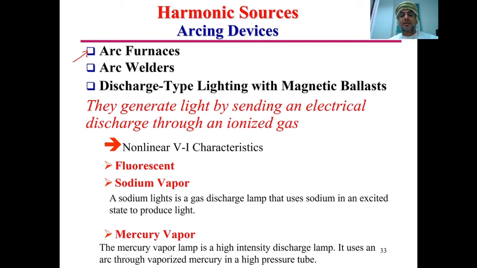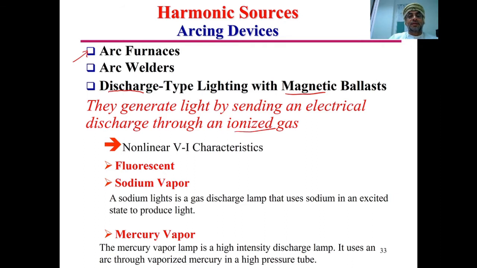And also in the discharge devices, the lights that are utilized, such as fluorescent. We said that we have two types of ballast: magnetic ballast and electronic ballast. The light will be generated by sending an electric discharge through ionized gas. So this is the idea of the fluorescent light.